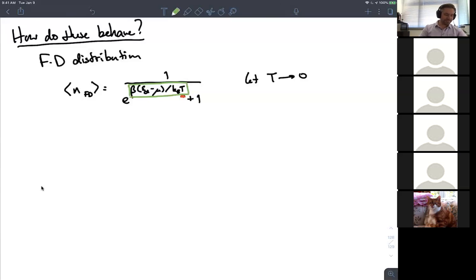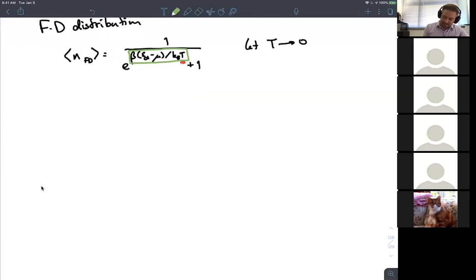Now if you look at this, the value of our exponent depends upon two things. One is the value of the energy level that you're talking about, that's the epsilon alpha. And the other is mu, the chemical potential.